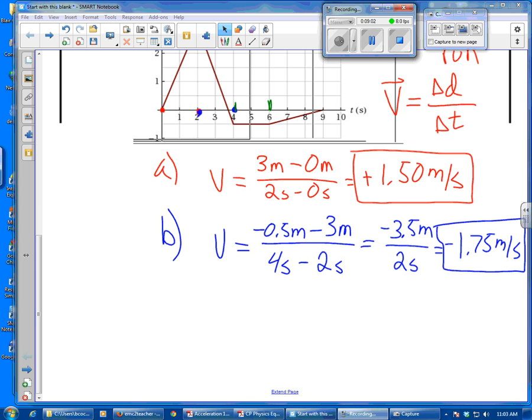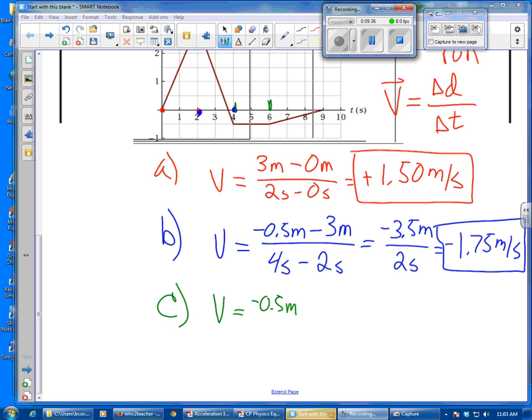You guys did C with your table group. What'd you end up with? Okay, so put that into a number with meters per second. Excellent, 0 meters per second. And that's what it is, because V equals, I end up at negative 0.5 meters. 0 is the one number in the world that does not have a positive or negative.